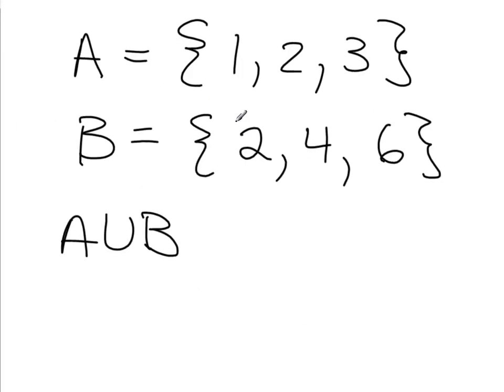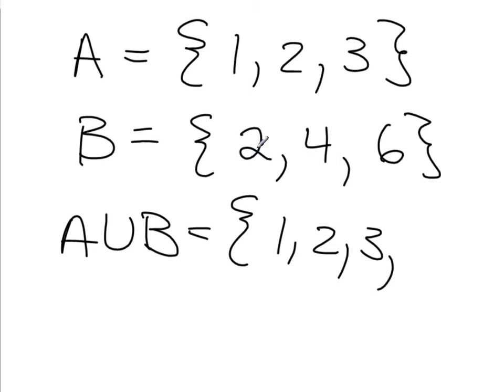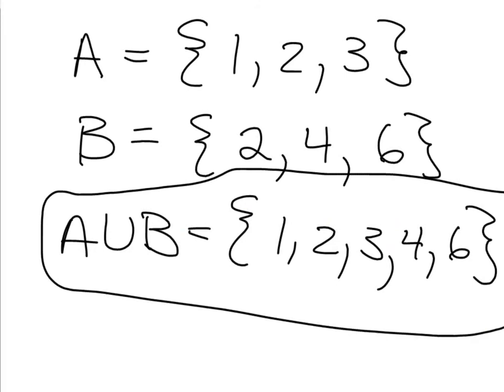So when we look at this, we have the objects 1, 2, and 3 inside A, so they're part of the union because everyone's included. We got 2, 4, 6 in B, so we include those. Oh, 2's already included, so we don't need to double count it. And there's the union of A and B.